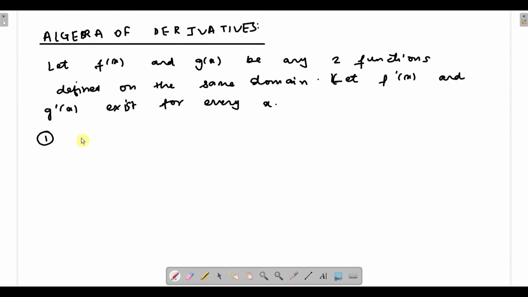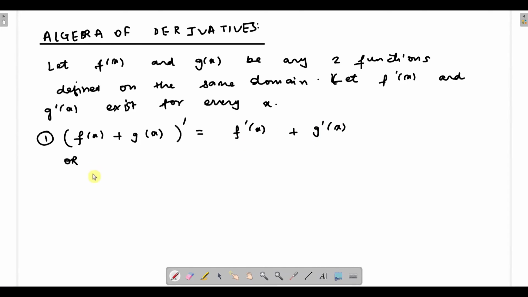So the first property of algebra of derivatives will be: the derivative of f(x) + g(x) will be the derivative of f(x) plus the derivative of g(x), that is f'(x) + g'(x).